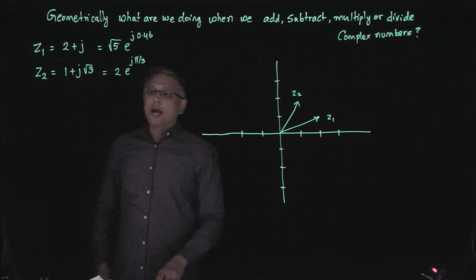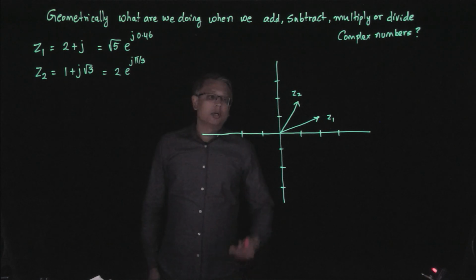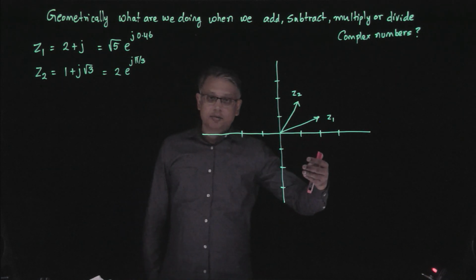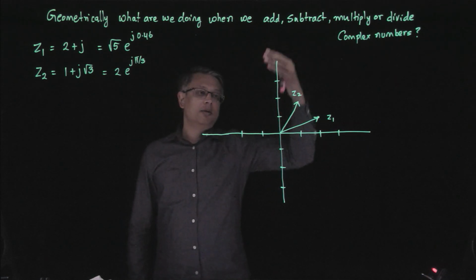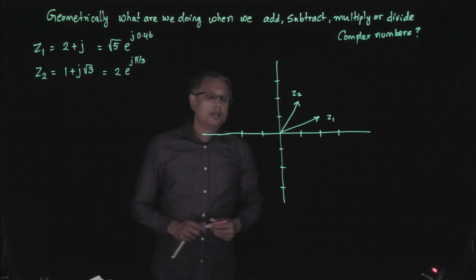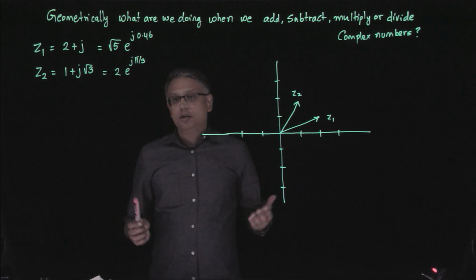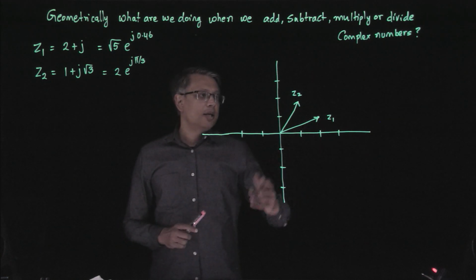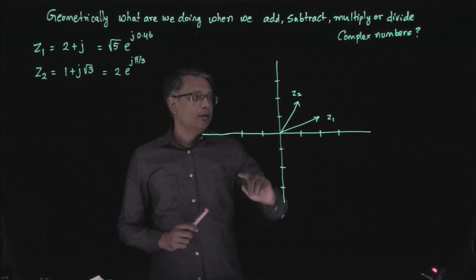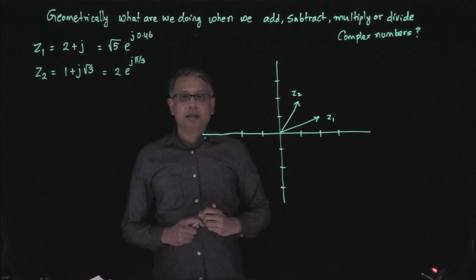And if you were to add these two complex numbers, what you're really doing is adding these two vectors, or you're just adding their real parts and adding their imaginary parts. So this is pretty much exactly the same as how you would add two vectors. And in this case, you may remember, just complete the parallelogram and then find the diagonal.